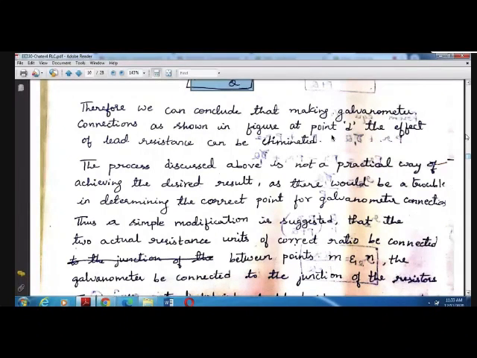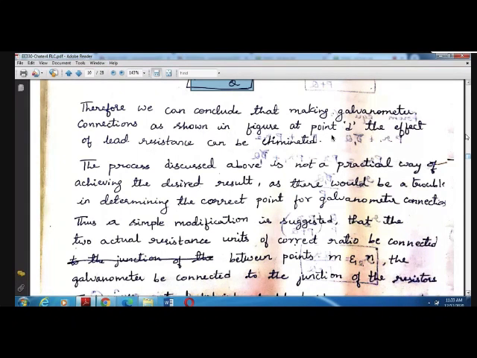What did we do now? We connected the lead resistance between R and S. We marked two points as M and N. So what was happening, when we connected the galvanometer to those two points, either we were getting a higher value or a lower value. We were not getting the exact value for finding out the resistance value. So what we did for the simplification purpose, we just identified one point as the middle point in the contact lead resistance, connected the galvanometer there, and assumed that this is the condition for the bridge to be balanced.